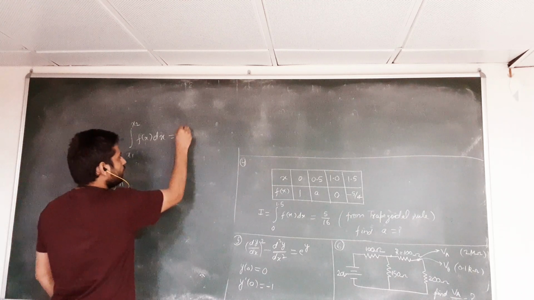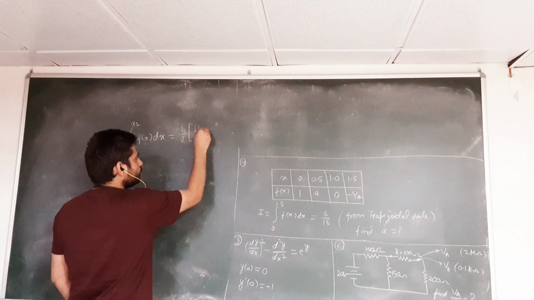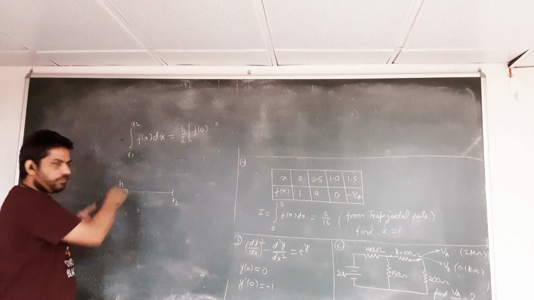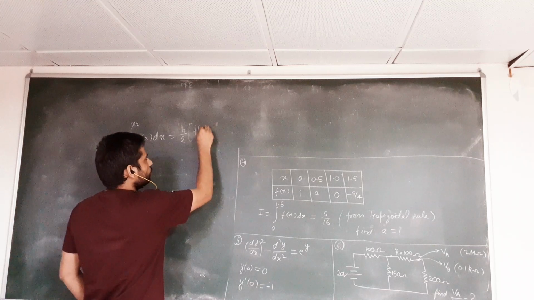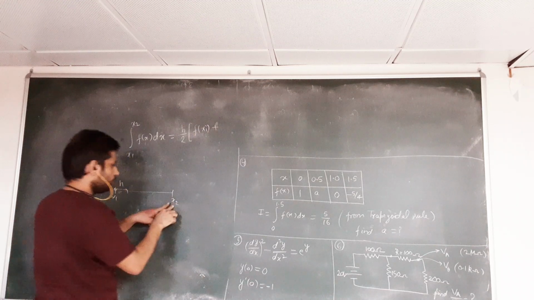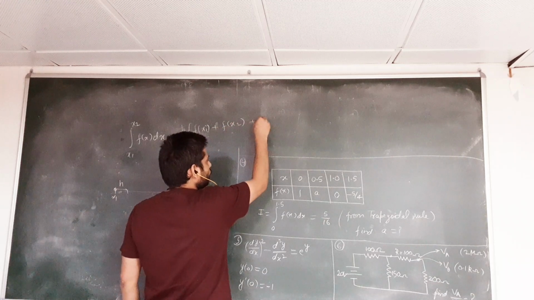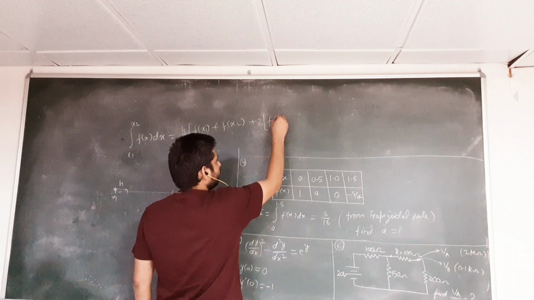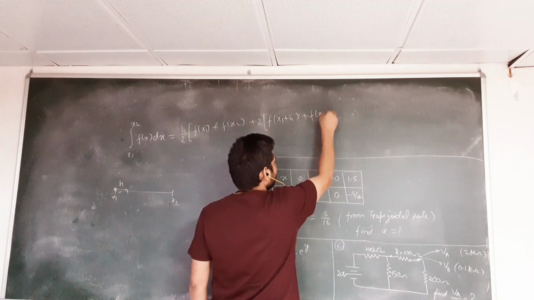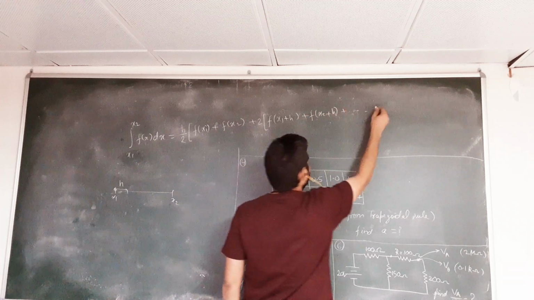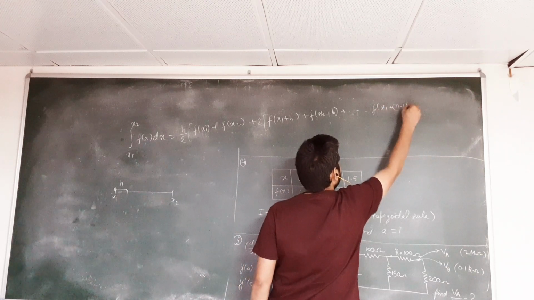Then this integration will be given by the trapezoidal rule as h by 2 times f of x1, the starting limit, plus f of x2, the last limit, plus 2 times the summation of f of x1 plus h, f of x1 plus 2h, and so on, up to f of x1 plus n minus 1 h.